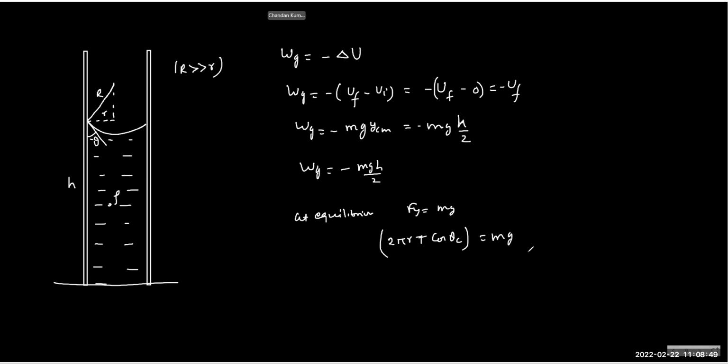So if you want, we can replace mg by 2 pi r T cos theta c. We can also replace. So the work done by gravity we can add this way. Anyway, just keep this relationship handy because we want to prove something.